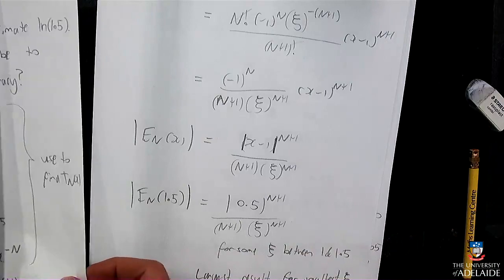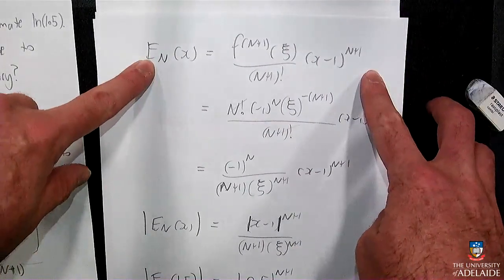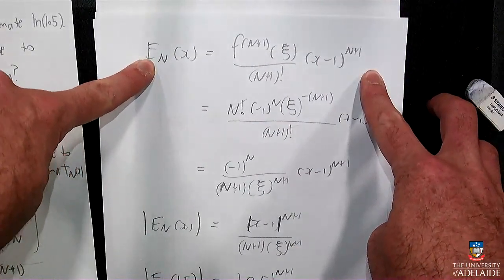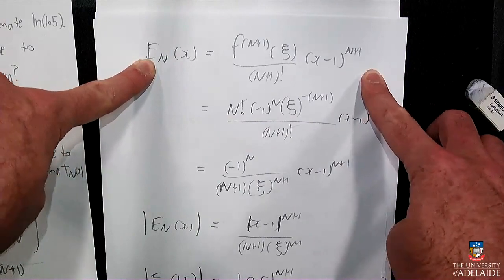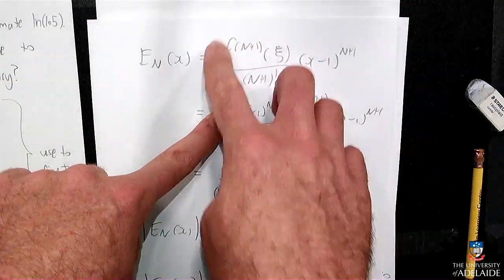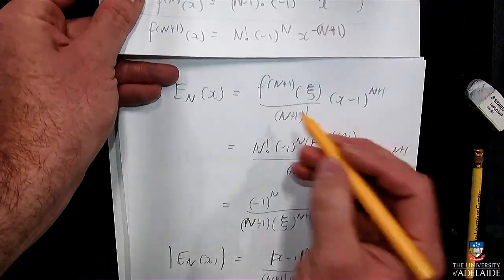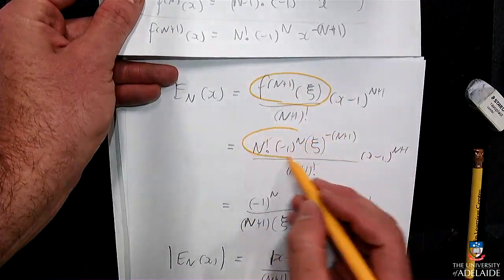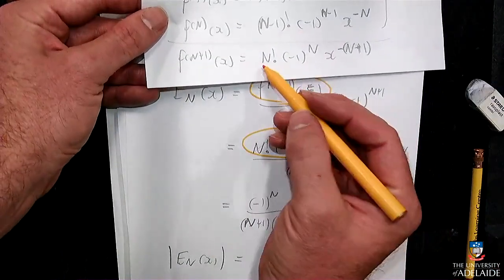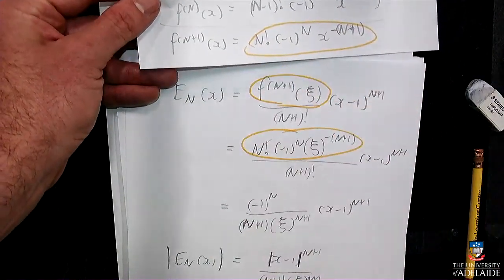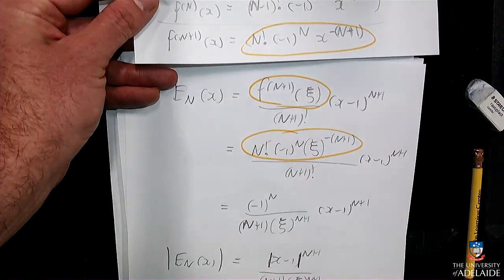And then this is the formula for the error, just from the notes. And then I replaced this bit with that. This bit here got replaced with that because it was here. Yeah.